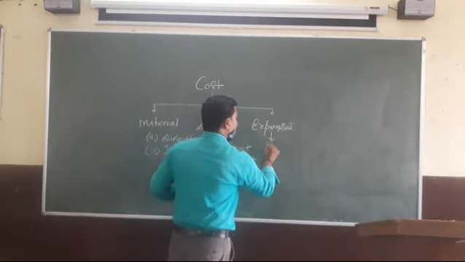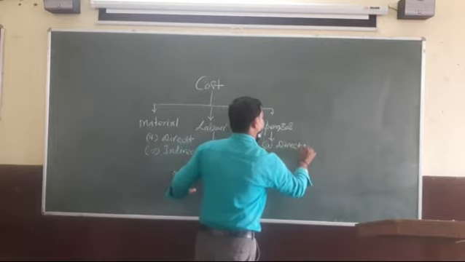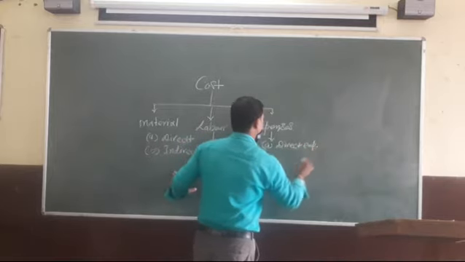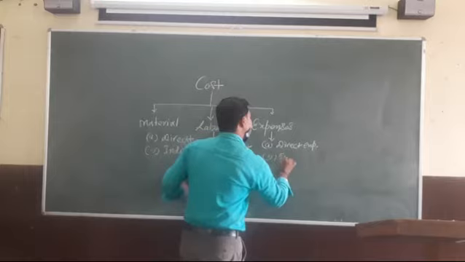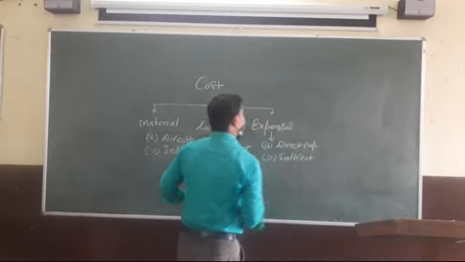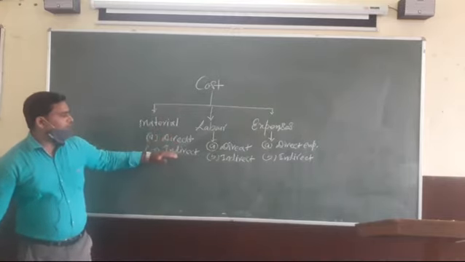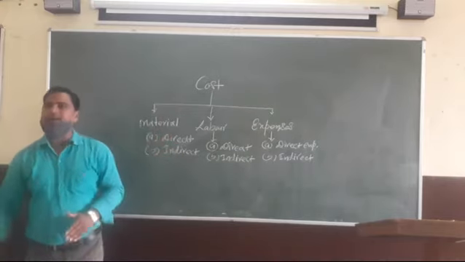Expenses: direct expenses, and indirect expenses. Okay? In the cost, in the material, there are two types of material: direct material and indirect material.